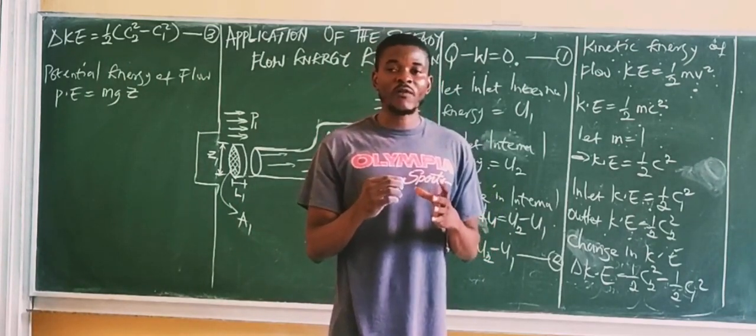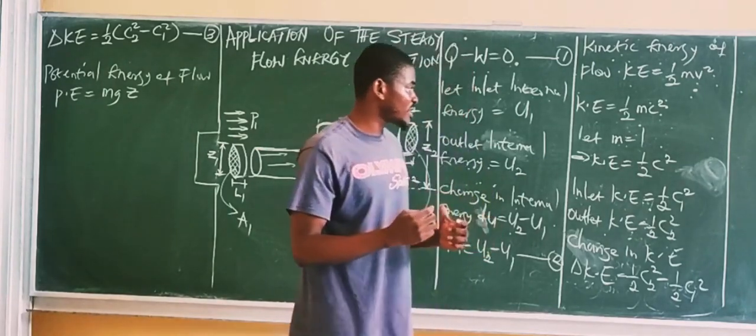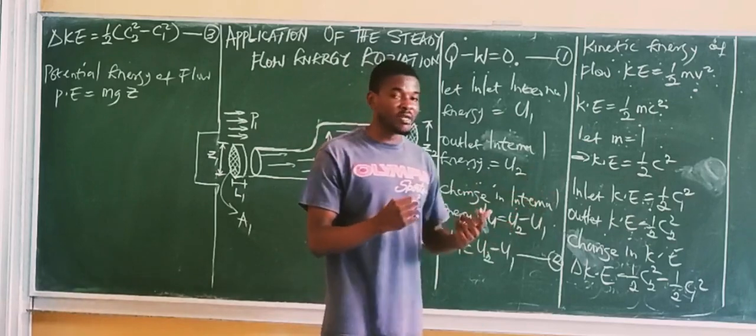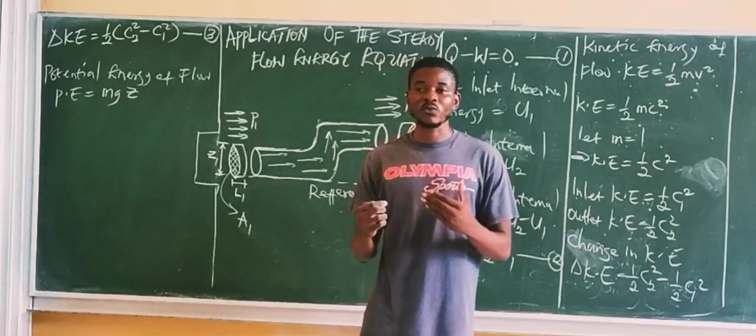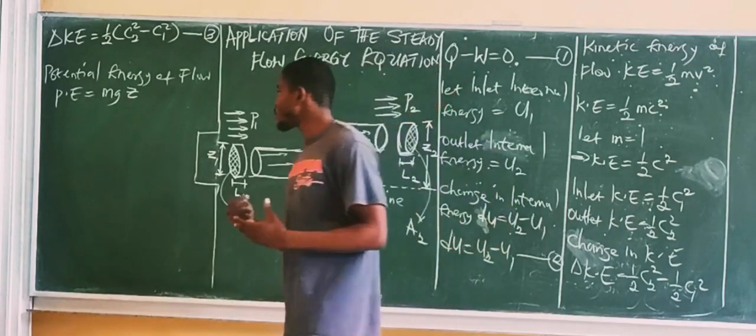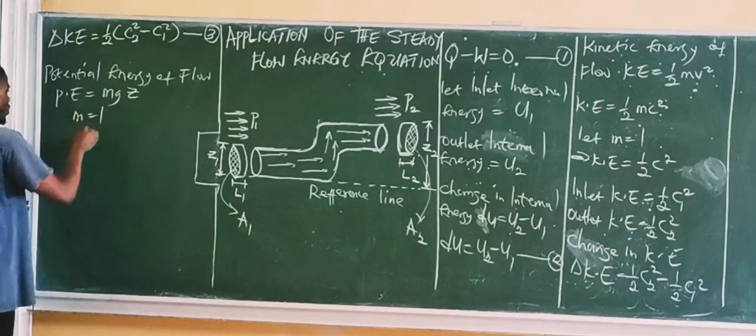We also have to convert every other energy with respect to a unit mass, which is why we converted the kinetic energy. So we also have to convert the potential energy, and unit mass simply means that mass is equal to 1.